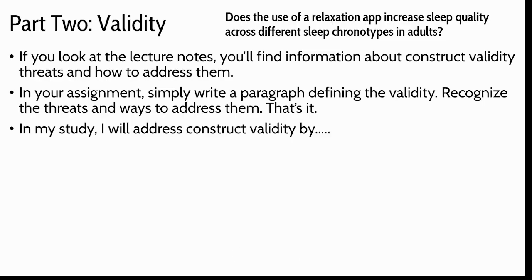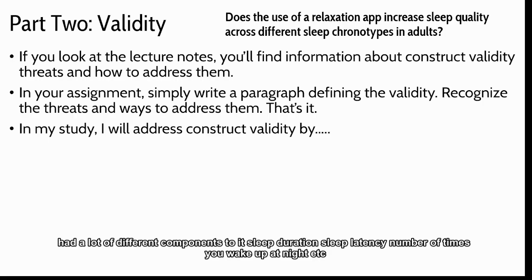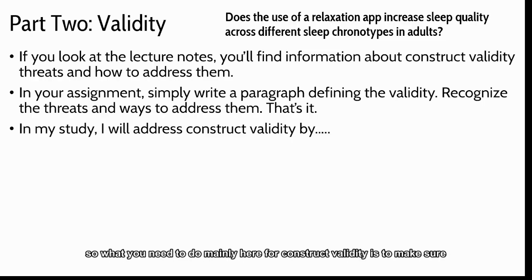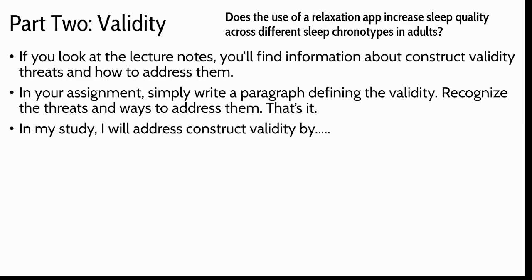Sleep quality, as defined in my operationalized definition earlier, had a lot of different components to it. Sleep duration, sleep latency, number of times you wake up at night, etc. So what you need to do mainly here for construct validity is to make sure that you're measuring everything that you can in order to fully paint a picture of the construct that you're researching.